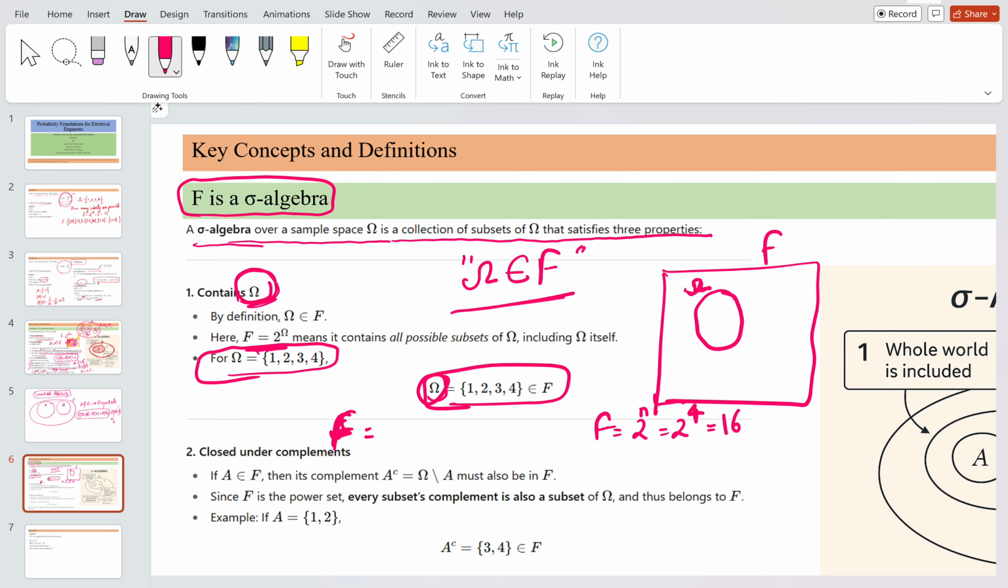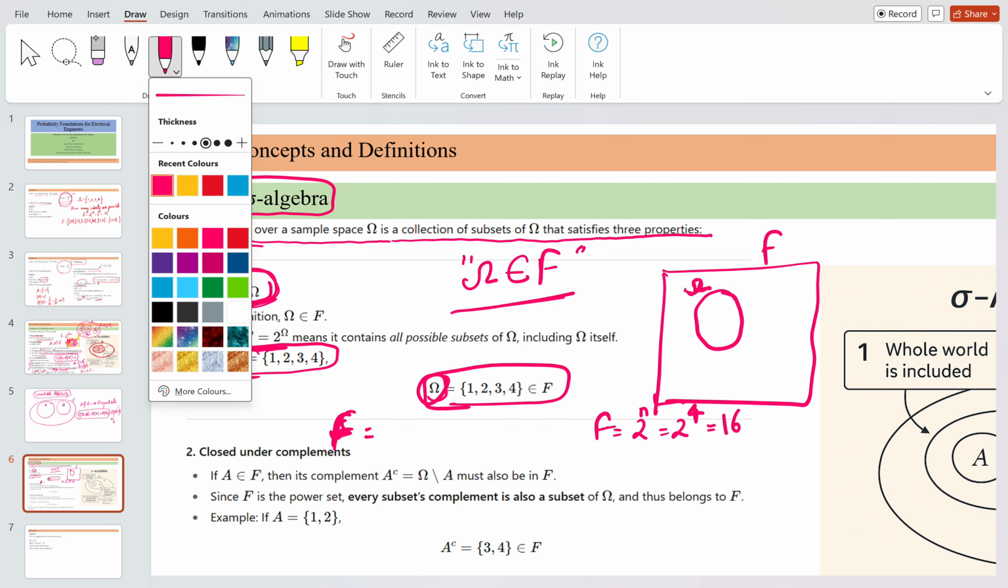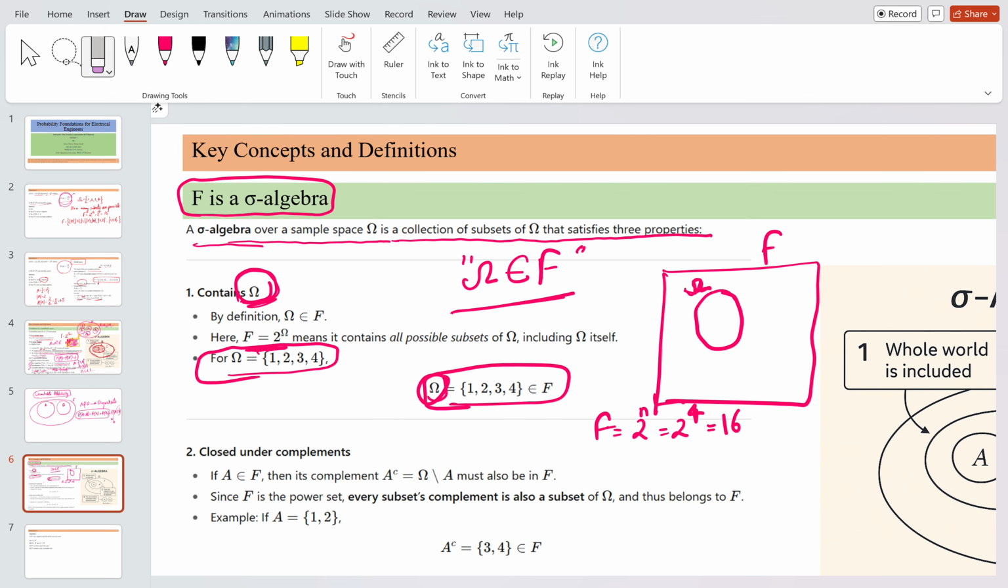Suppose let me take another value. Let me erase this. Suppose I am taking this X. X is a subset of omega. How many subsets are possible? That is 1, that is 2, that is 3.